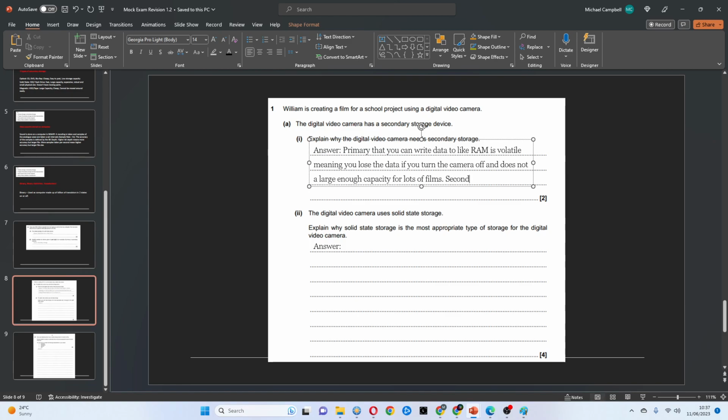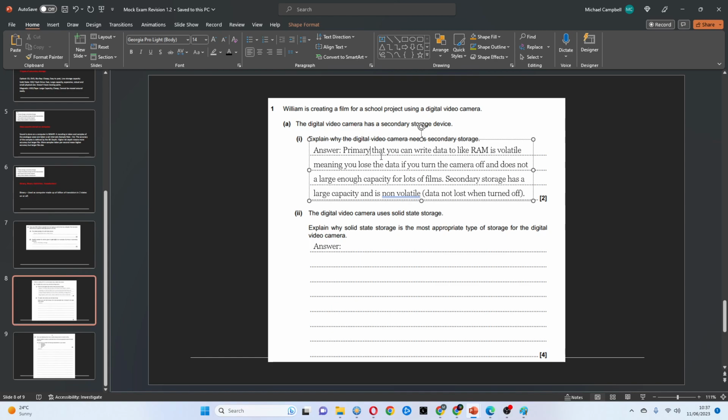Secondary storage has a large capacity, and is non-volatile. Data not lost. There you go.